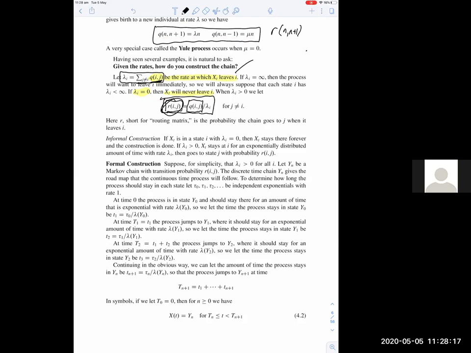What we need to do is take lambda n divided by lambda plus mu times n. So that's lambda divided by lambda plus mu. That's your chance of going from state n to state n plus 1.